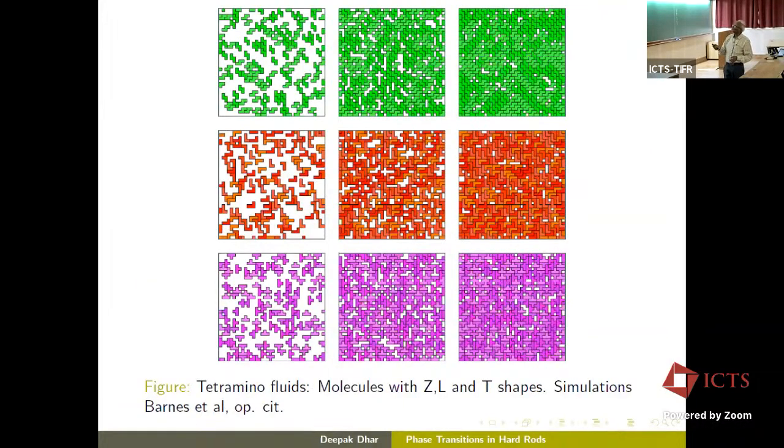And these are called Z-shaped molecules, and these are L-shaped molecules, and these are T-shaped molecules. So these are all tetrominoes, with 4 cells. Each particle occupies 4 cells, and you can get interesting behavior. I will not study all of these, but I just like these pictures because they show the rich geometrical structures which are possible in these simple models.